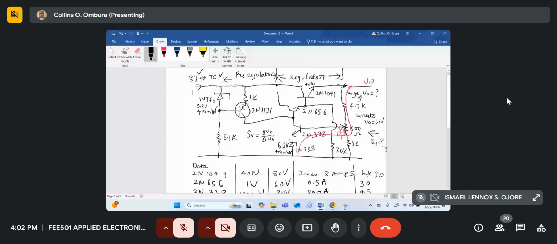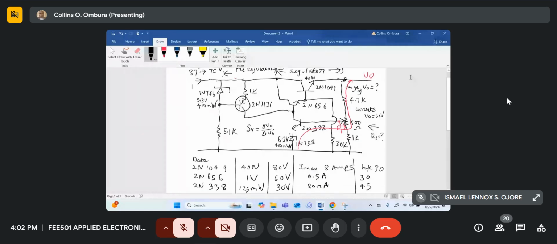Let's name these transistors. Let's call this top transistor Q1, this one Q2, and this one Q3. And this pre-regulation transistor, we call it Q4.